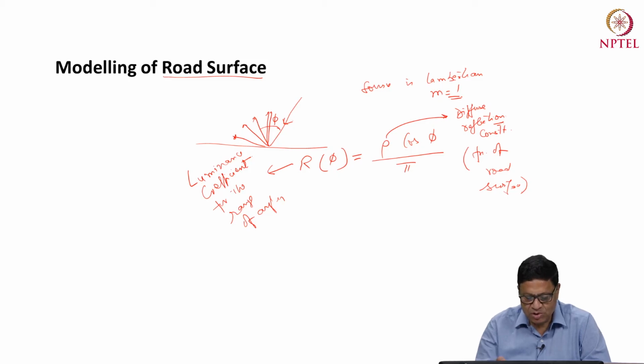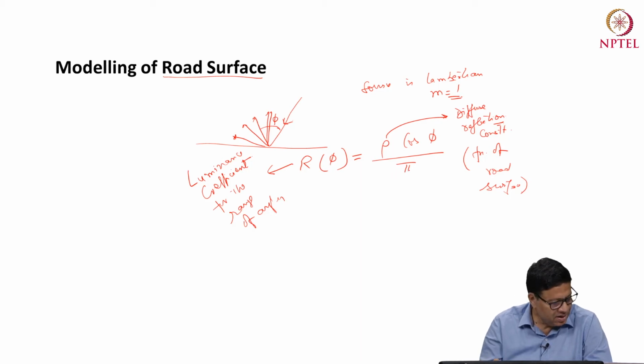R phi, which is the luminous coefficient, is a function of phi. The scattering is given by rho, the diffuse reflection coefficient, into cos phi, the angle which these rays make with the incident light, divided by pi. So this is a very simplistic modeling of road surface. And phi we can call the polar angle of the scattered light.